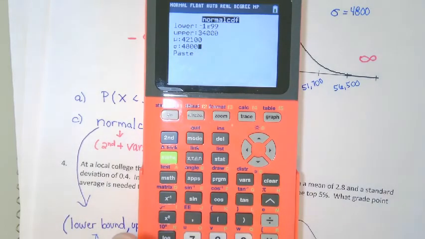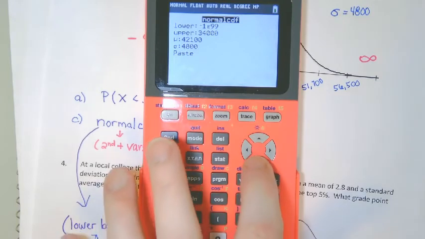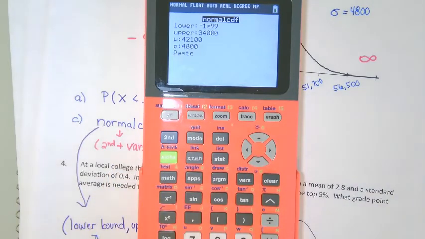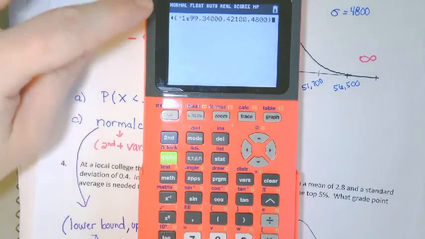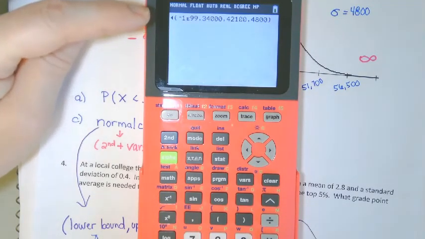And on this version of the calculator, I'm now going to arrow down so it's highlighting the word paste and hit the enter button. And here it pops up all the values we just entered. And also, if you have a different version of the calculator where when you went to normal CDF, it didn't give you those helpers, lower, upper, this is exactly how you would have typed it in, or how it should have looked.